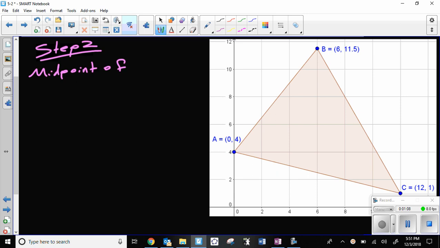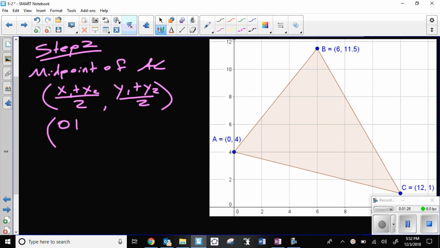Let's find the midpoint of, let's go with AC first. I'm going to use x1 plus x2 divided by 2 and y1 plus y2 divided by 2. So I'm going to take my x's, add them up.